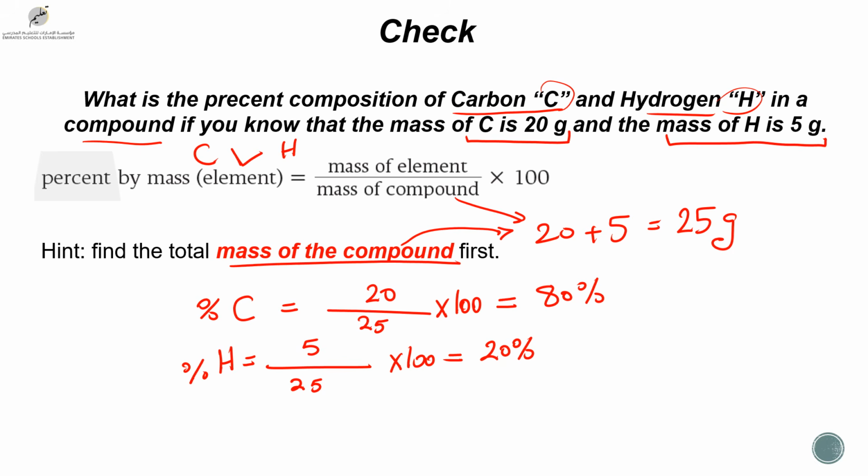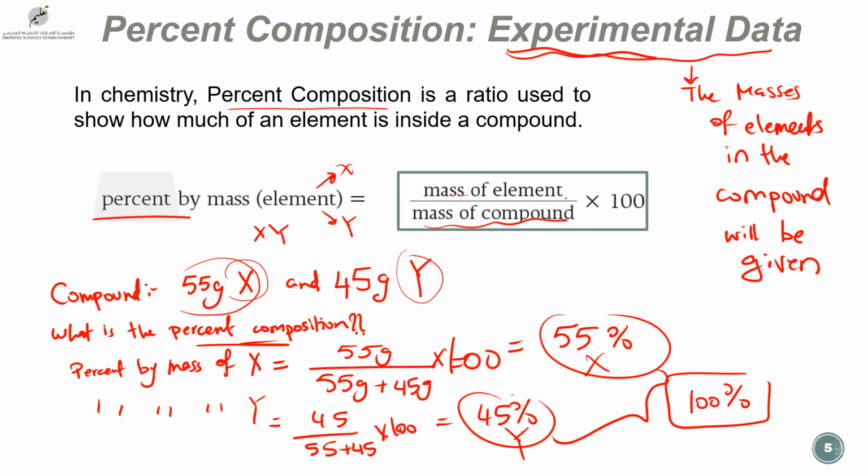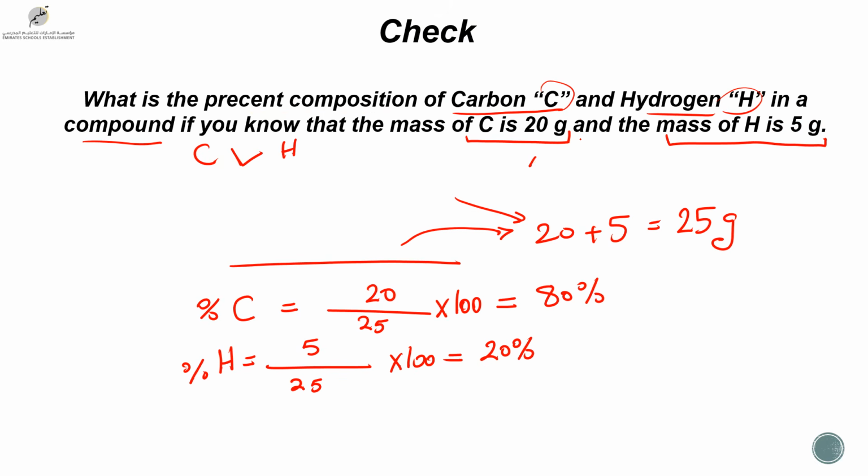Okay, and that's exactly how we do it. So this is the percent composition from experimental data. The masses are given. They give you the mass.